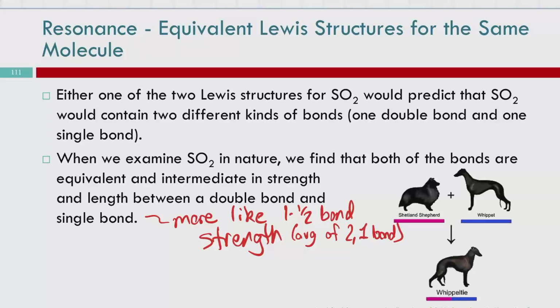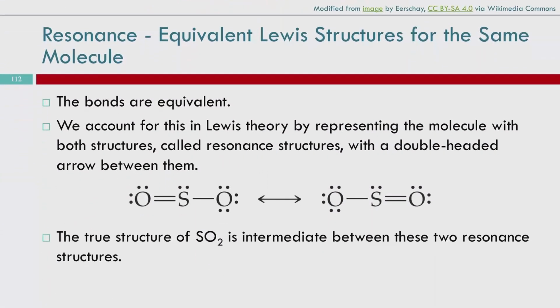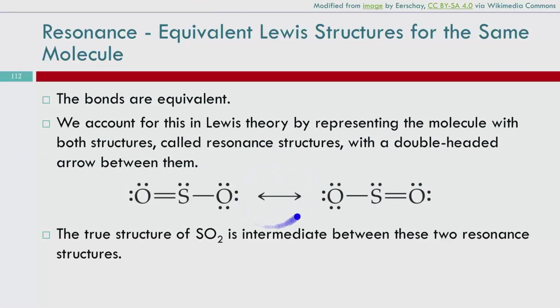It's to show us basically the two parents, and then in our brain we get to imagine what the kids would look like, which we probably do sometimes. So again, the bonds are equivalent, and we account for that by using the double-headed arrow. And reality is an intermediate.